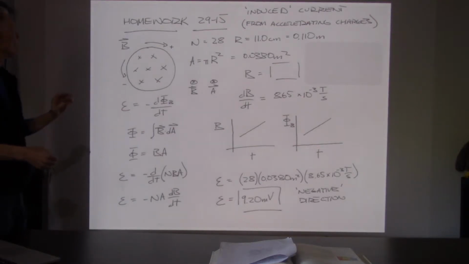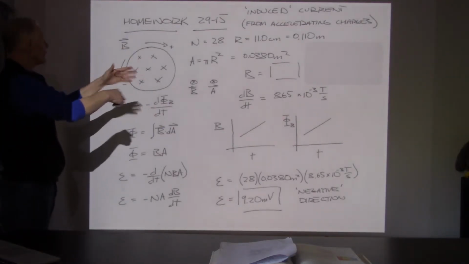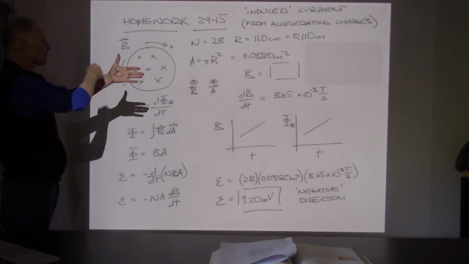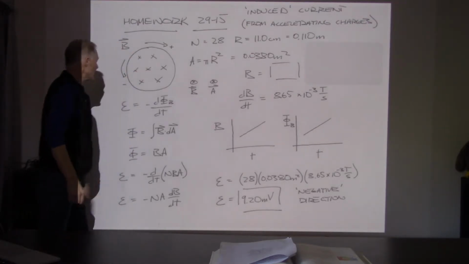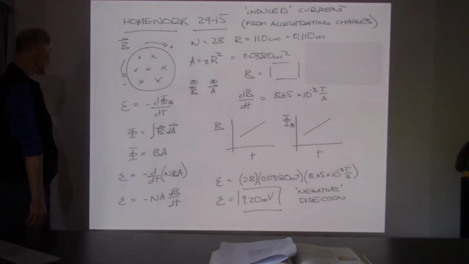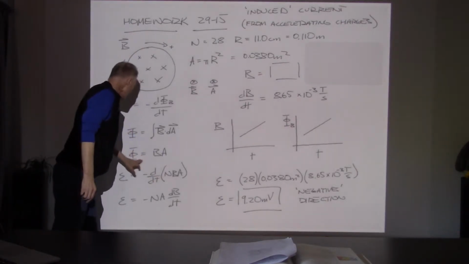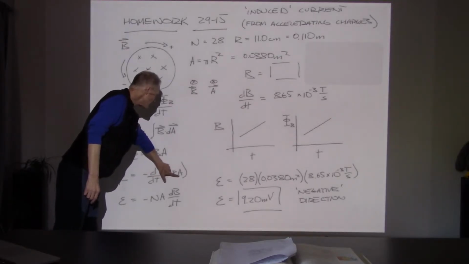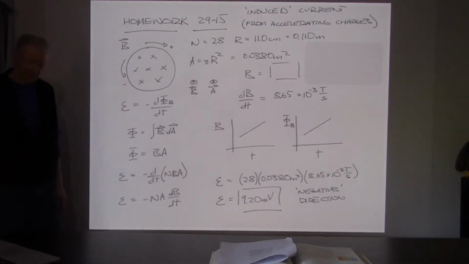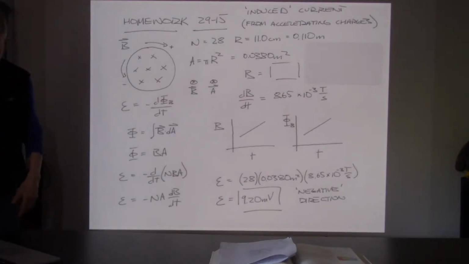But once we get to 28, in order for this problem to work, we just have to say that each loop surrounds the same amount of magnetic flux. All right. So I put that in. So I said the flux, actually we're going to count that as N times B times A to get the EMF.